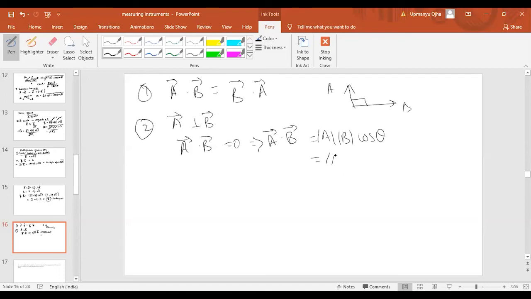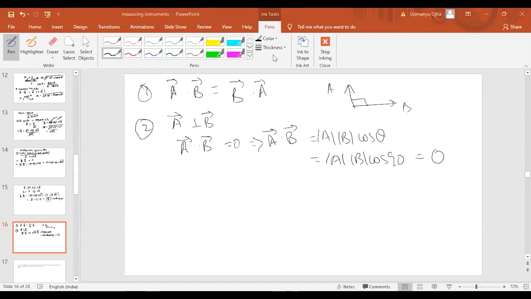So can we write as mod of A mod of B cos of 90, 0. So answer should be 0. Okay, very good. So if the two vectors are perpendicular and we are finding a dot product, then the dot product of two vectors will be 0 if the two vectors are perpendicular.